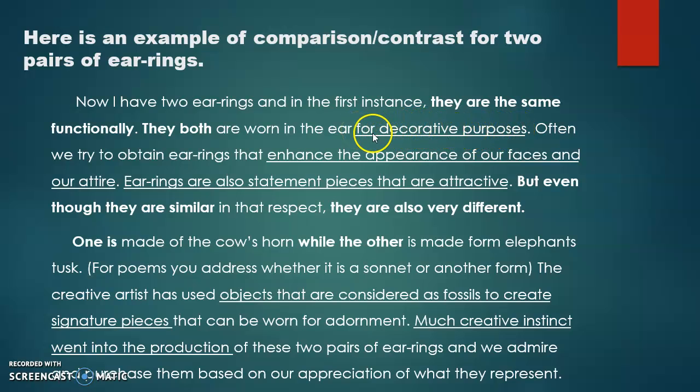I've underlined phrases that are giving you added information. Often we try to obtain earrings that enhance the appearance of our faces and our attire. And there I talk about purpose. I'm still critiquing, I'm being critical of it. Earrings are also statement pieces that are attractive.